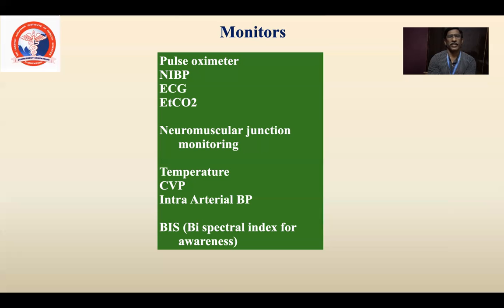And in long drawn cases, we have to monitor the temperature, central venous pressure, and intra-arterial blood pressure when we expect major blood loss and vascular shifts. Then comes the BIS, that is bispectral index. This is used for assessing the awareness or the adequacy of a good anesthesia plane.